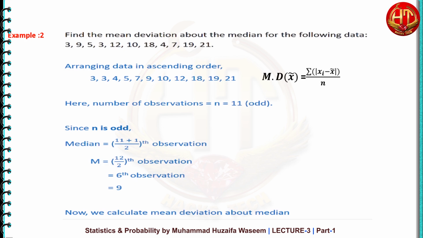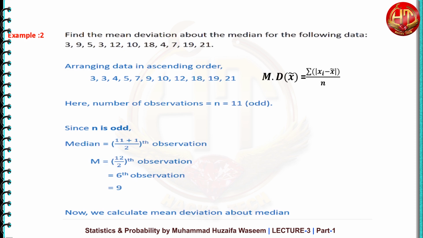the median for the given series. Arrange the given series in ascending order. After arranging the data in ascending order, divide the data into two equal parts. So 5 observations on the left hand side and 5 observations on the right hand side. So 9 is your median.